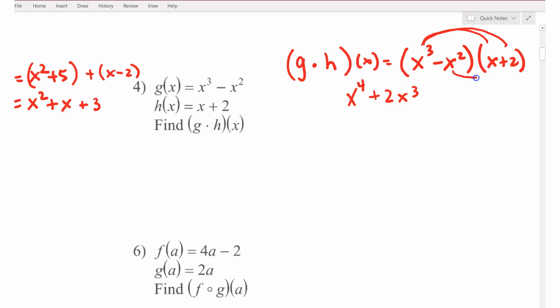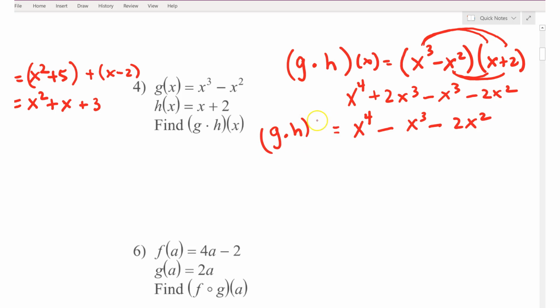Negative x squared times x gives you negative x to the 3rd power. And then last, negative x squared times 2 is negative 2x squared. Of course, you want to combine those that are alike. So we have x to the 4th. We have 2x cubed minus 1x cubed. So you're left with x cubed minus 2x squared. So this will be g times h of x. Okay.